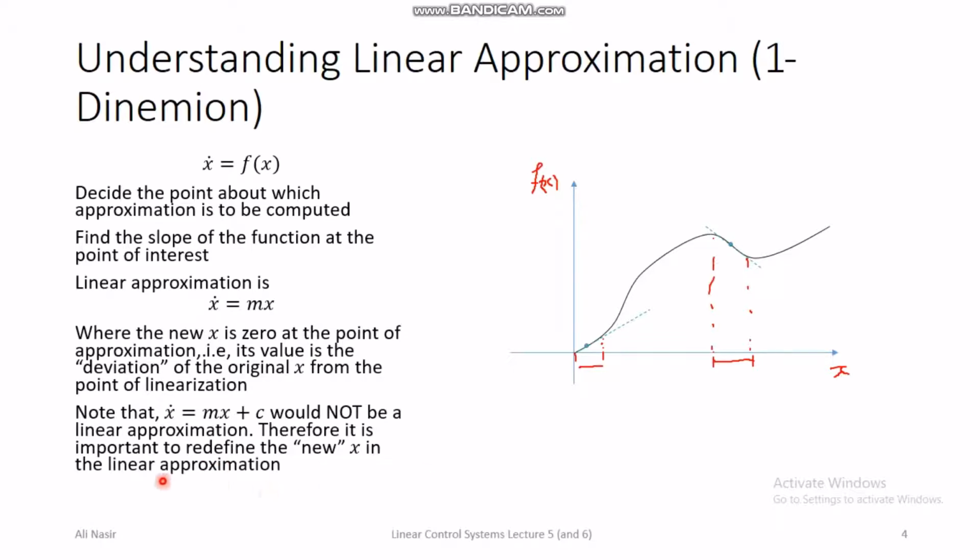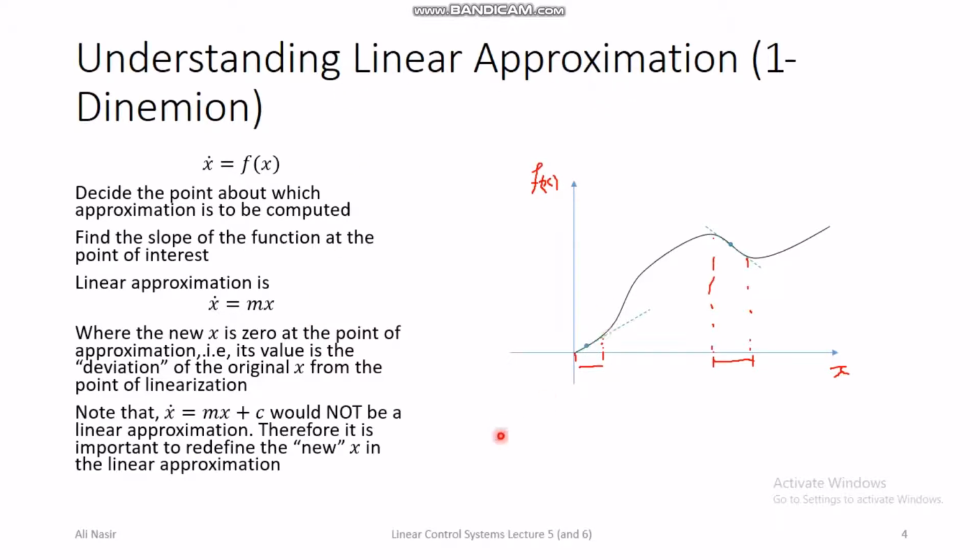Therefore it is important to redefine the new x in the linear approximation so that the new system is the estimation or approximation of this original system. The approximation must be linear and it must satisfy the superposition principle, otherwise we could not call it a linear approximation.